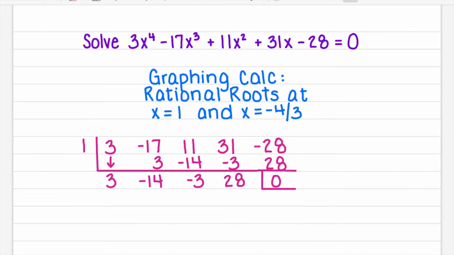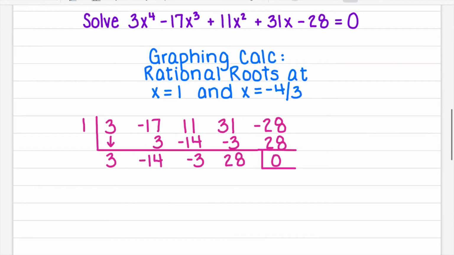So now we're going to use our depressed equation, which technically is now an x to the third equation. So we're going to use that, and we're going to use the root x equals -4/3 to depress it once again. So you can make a whole new box if you want, or I'm just going to add on to this one. Okay, so we have -4/3.